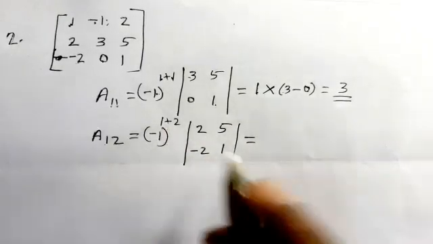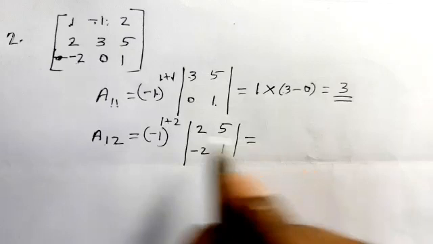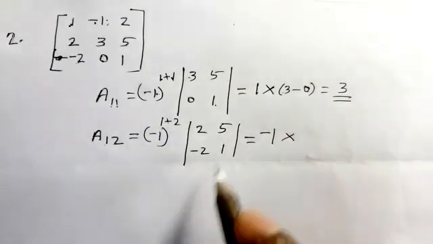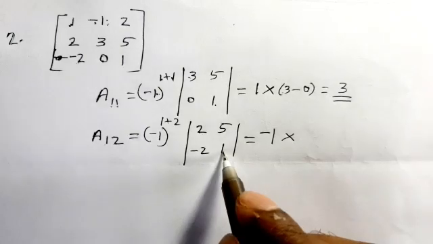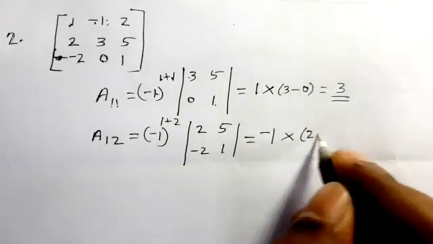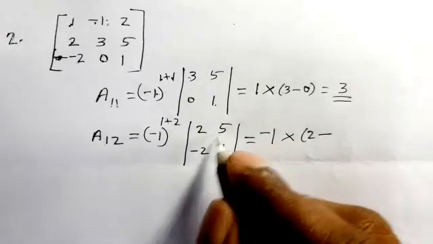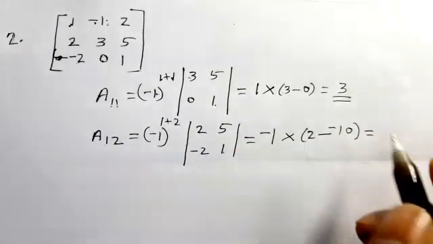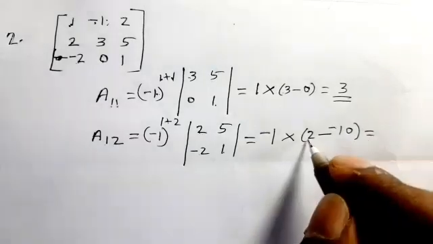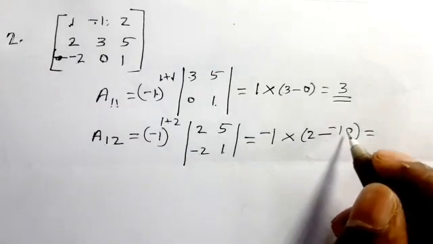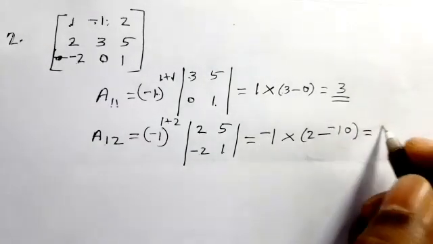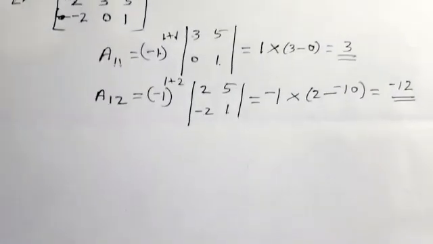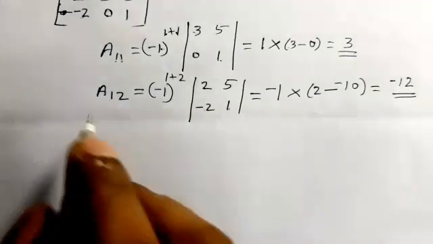Minus 1 raised to 1 plus 2 means 3. If it is an odd number, negative will be there. So minus 1 into 2 ones are 2, 2 fives are 10, but here minus is there, so minus 10, which is 2 minus minus, means plus. 2 plus 10 is equal to 12. Minus 1 into 12 is minus 12. Okay. Now we are going to discuss A13.